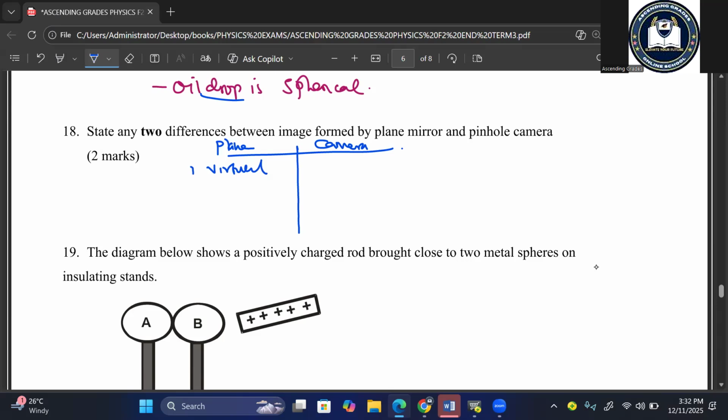The other side, it is real. It is upright here or erect. The other way, it is inverted. Same size as object.